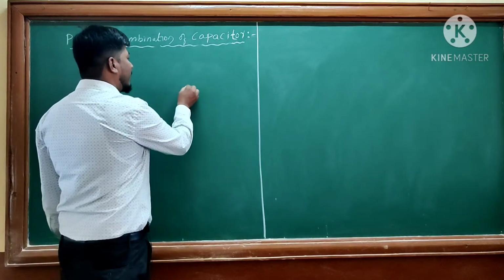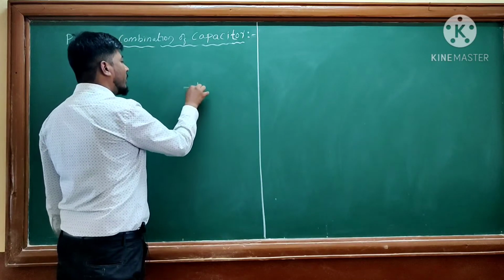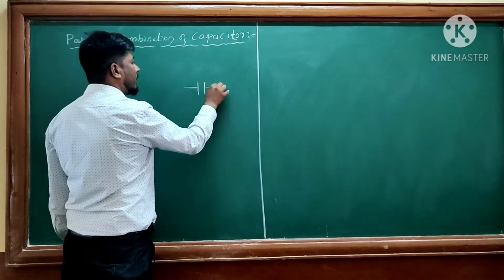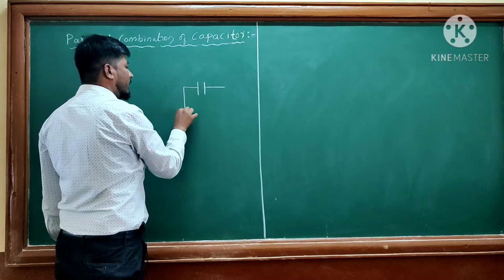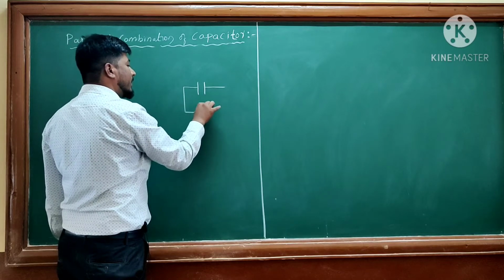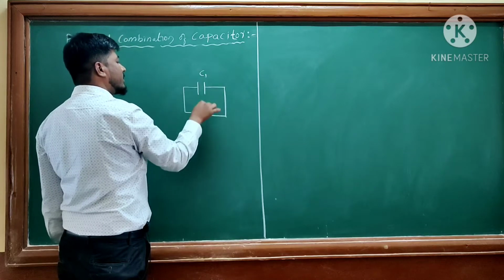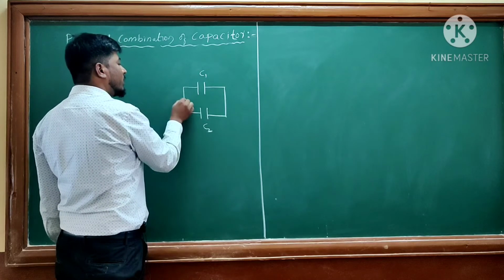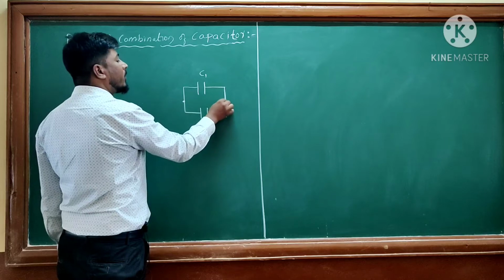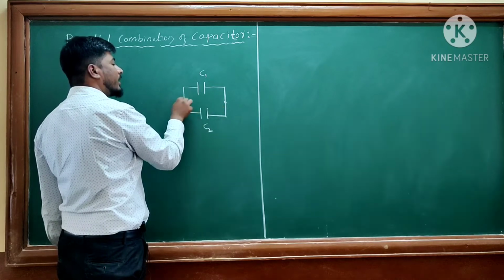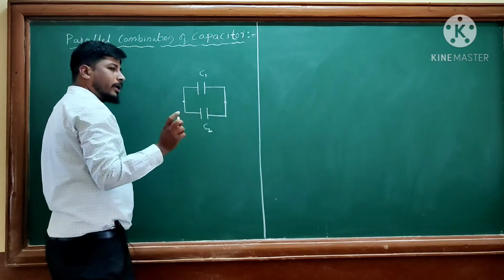Alright, so let us see the parallel combination of capacitors. Say this is one capacitor and this is one more capacitor. I will call them C1 and C2. They are connected to one common point.